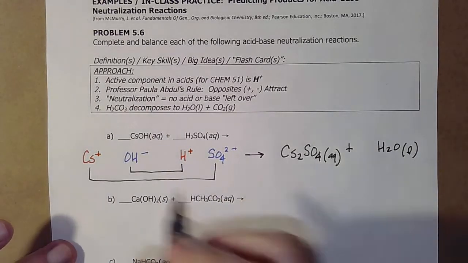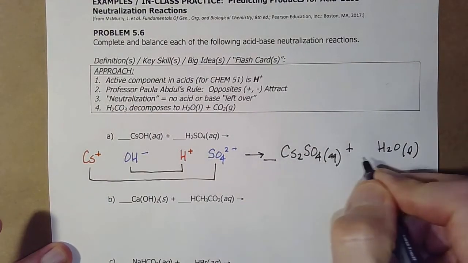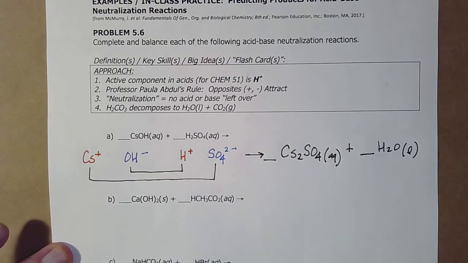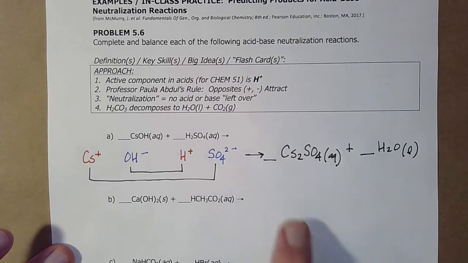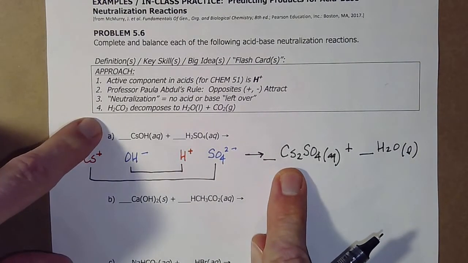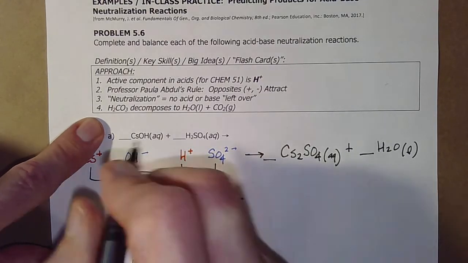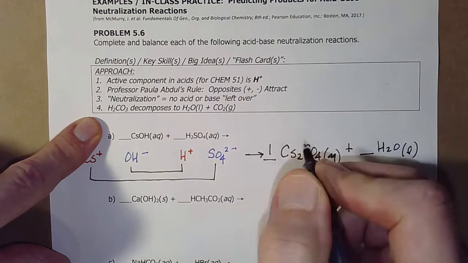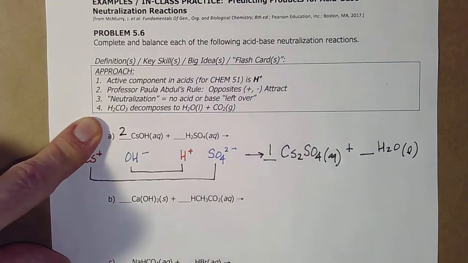So we could balance this, and we're getting clever at balancing these and not having to do every single element. One of the things I'm going to notice is that I've got 2 cesiums there and 1 here, so I might try this, and I know that's going to work.